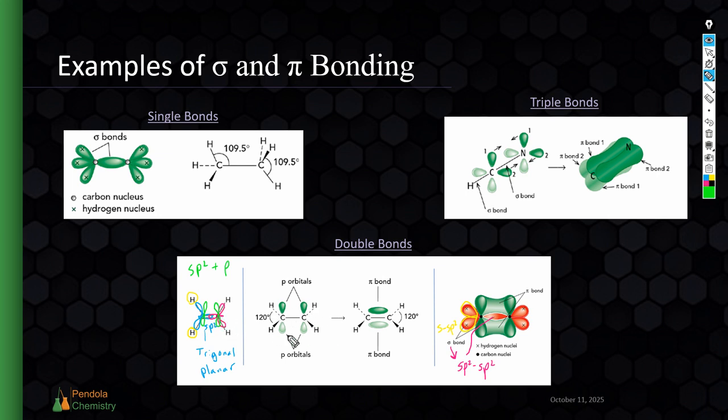If we focus in on just the p orbitals, this is 1 p orbital, this is another p orbital. Those p orbitals are going to overlap side to side, creating a pi bond, which is what this green bond is right here, and that pi bond is made from the overlap of a p orbital with a p orbital from each carbon. That p orbital overlap, that's what the second bond is.